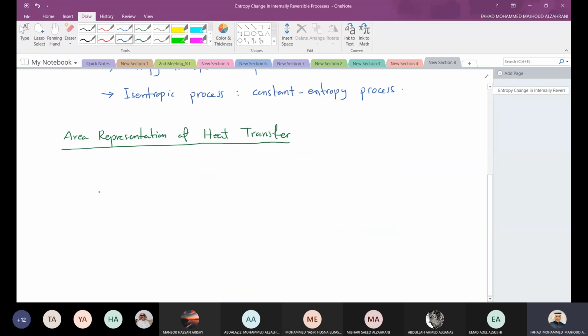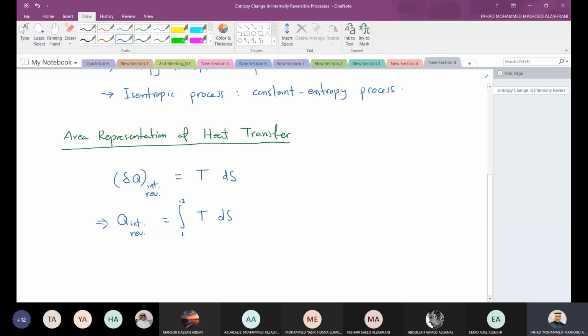Now I would like to talk about the area representation of heat transfer. So if we rewrite the definition for the entropy as dq for internally reversible equals T ds, then if I integrate here, the heat transfer for an internally reversible process equals the integral from state 1 to state 2 of T ds. طيب, what does that mean?